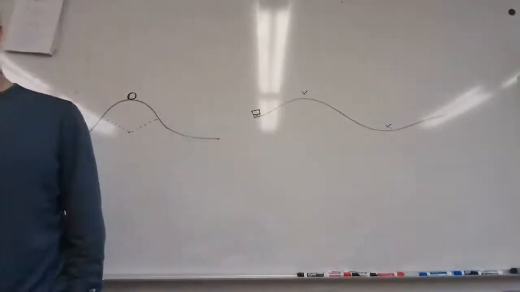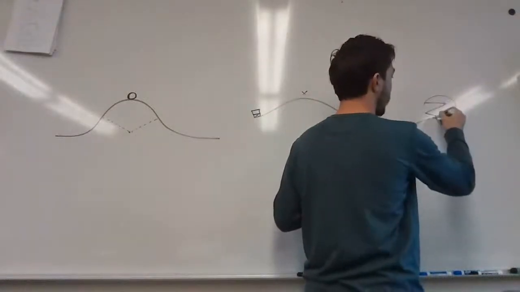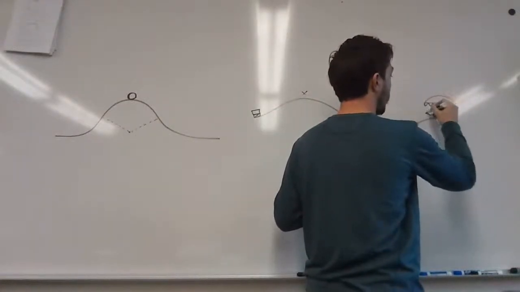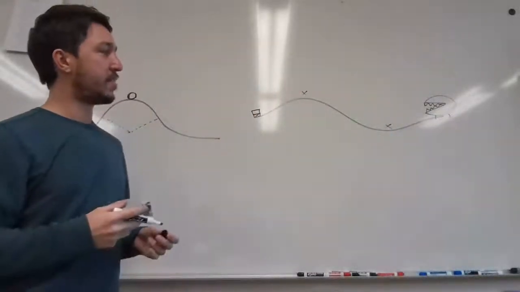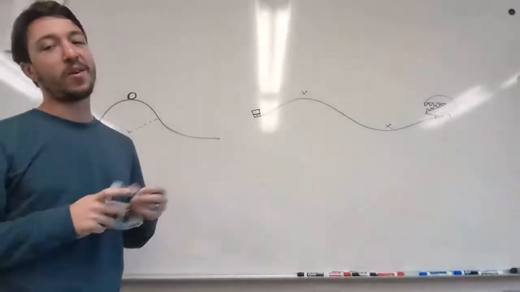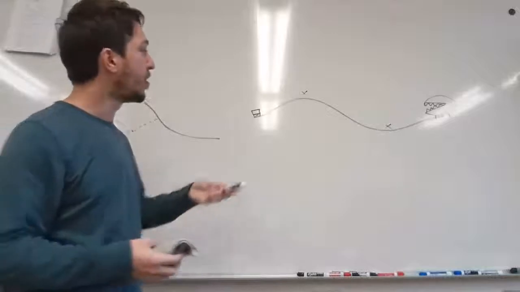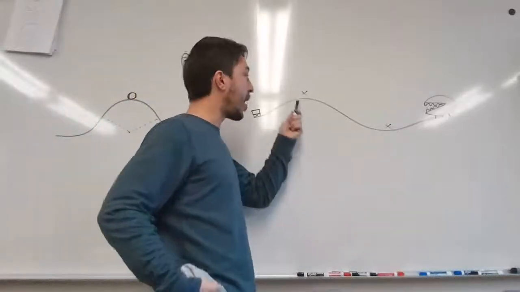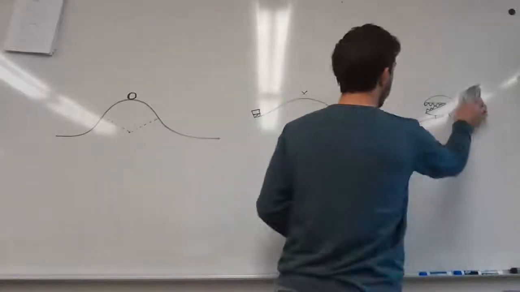Which would be better? The question is, how would you generate the most stopping force? Theoretically, could you generate a lot of stopping force at the top of the hill or the bottom of the hill? It would be the bottom because you're done accelerating.